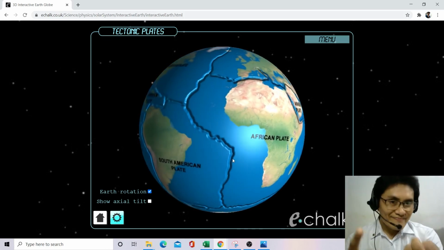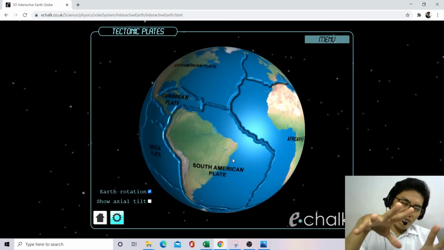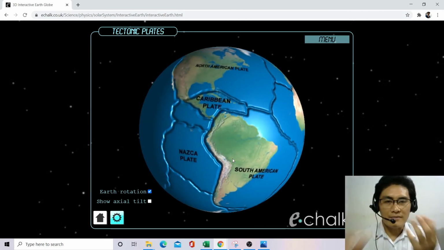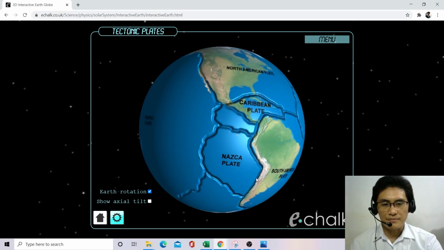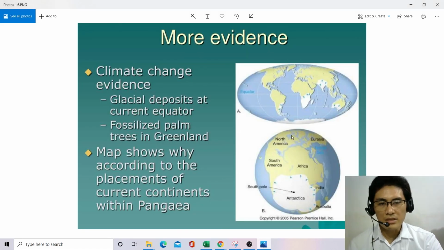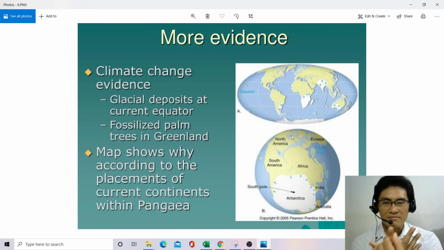And then Alfred Wegener, because the continents drifted, now we find Antarctica in the South Pole. Okay? So you have jigsaw fit of the continents, you have evidence from fossils, you have evidence from rock, and then you have the coal deposits in Antarctica. Okay, because there's no other explanation for that.